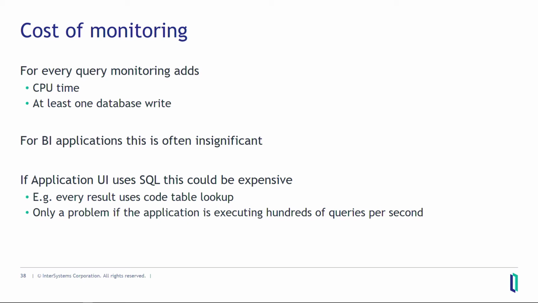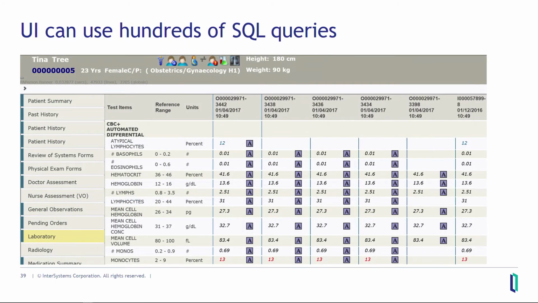For example, this is a screen from one application where each one of these cells is a result, and to get that result, there's a query that's generating the tooltip, the hover text. There might be queries to turn an internal unit into milligrams or milliliters. There are SQL queries that will say this is abnormal, outside reference range. So every single cell generates multiple SQL queries, and displaying this page can take hundreds and hundreds and hundreds of SQL queries.